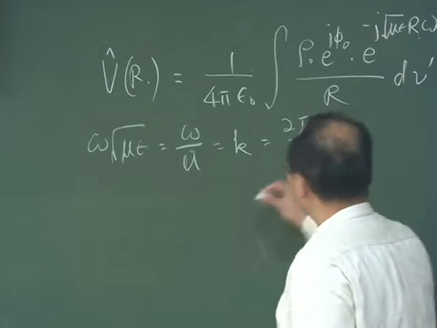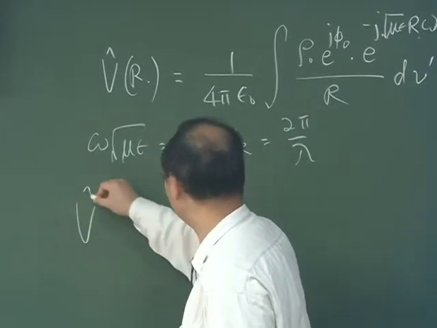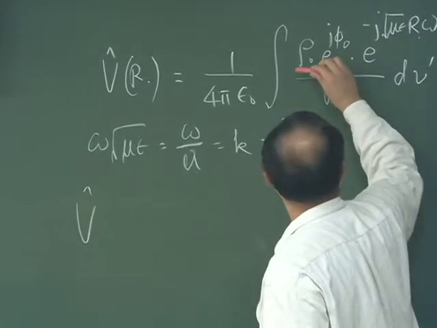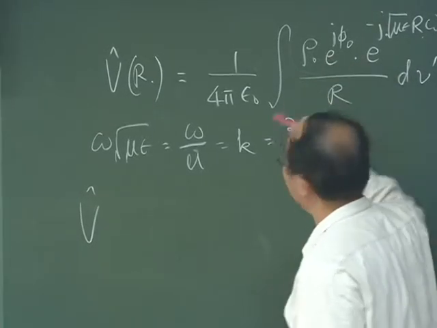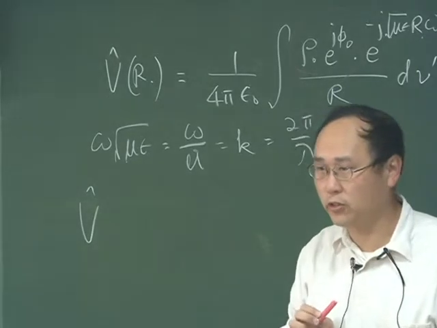Now you can convert this into V. Well, before we do that, this is a complex amplitude of your charge.